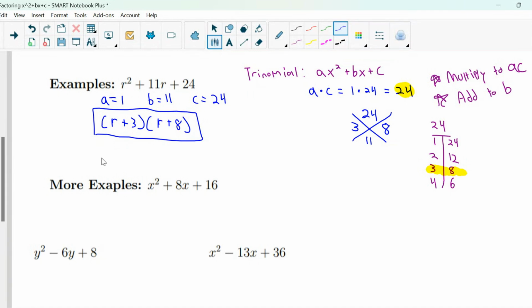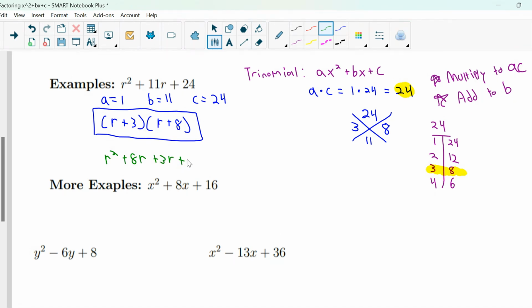Okay, on a test, quiz, or assignment, one way that you can check your answers for these would be by refoiling what we started with. So I'm going to quickly foil this just so you can see that it works. R times R gives me R squared. R times 8 gives me 8R. 3 times R gives me 3R.